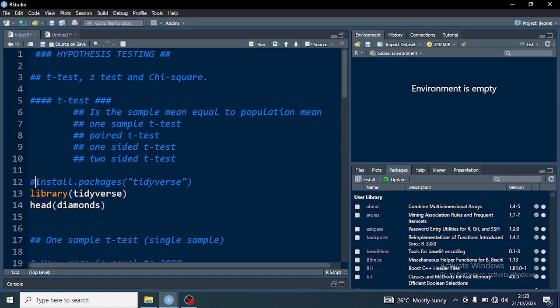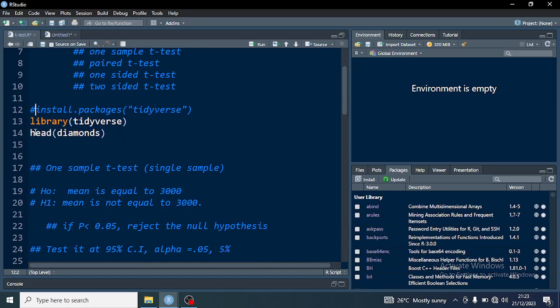So we first of all have to install the package tidyverse using the command install.packages. I've commented this line because I've installed the package. And then we'll load the package using the command library(tidyverse).